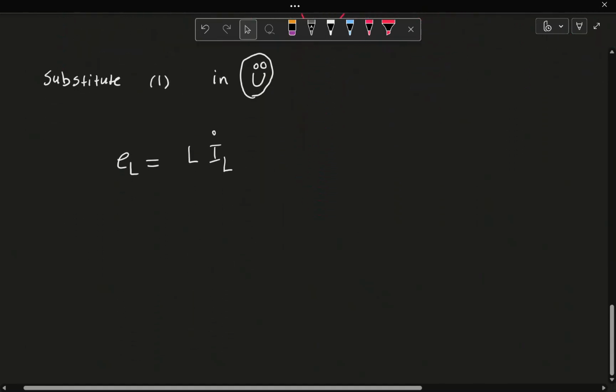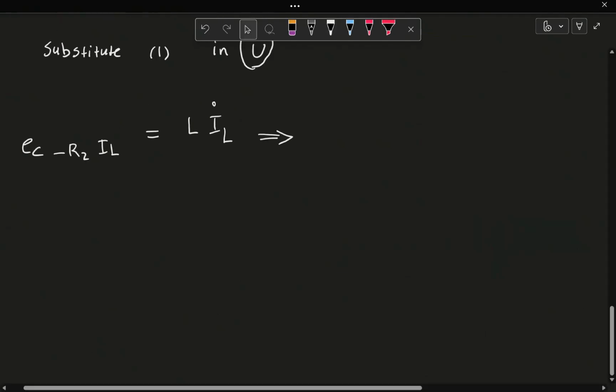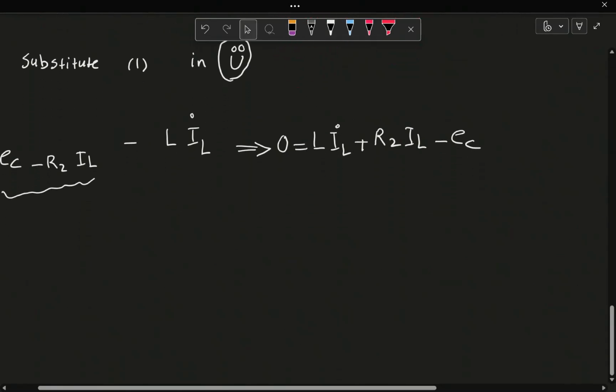So instead of EL, I'm going to put EC minus R2 IL. Yes? Okay, with this, let's bring all the dynamic terms on one side and check for the signs. If the signs match, we can box that equation. So L I dot L plus R2 IL minus EC equals 0. I just brought the left-hand side to the right-hand side, and then I flipped the sign.